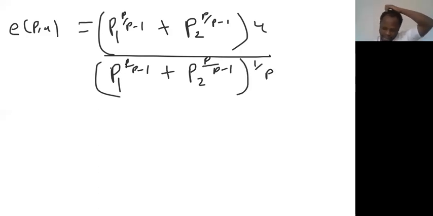Everything here is exponent 1. Because the bases are the same, I can just subtract the denominator exponent from the numerator.